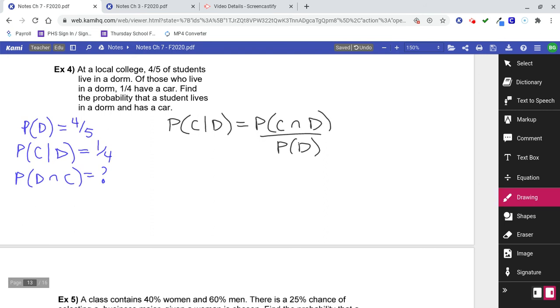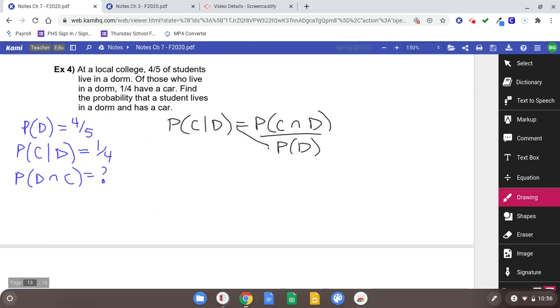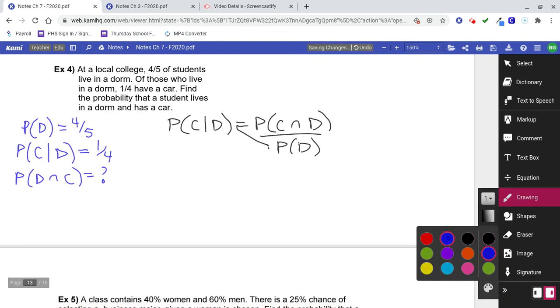But C and D is the same thing as D and C. Same thing, same thing. So I want to find the and. I should just be able to multiply these two. The probability of C and D would equal the probability of the conditional, C given D, times the probability of D for dorm.